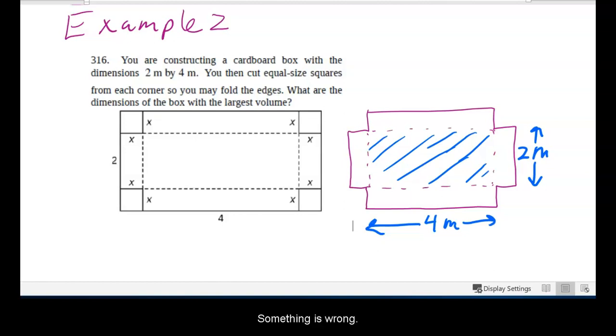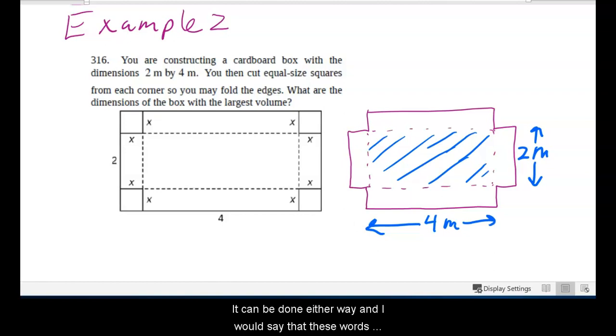Something is wrong. If I had the dimensions of the box with the largest volume, do you suppose they're just looking for X? We'll need to pause here and think about whether the 2 and the 4 referred to the original cardboard or whether it refers to the folded up box. A different interpretation will lead to a different solution.